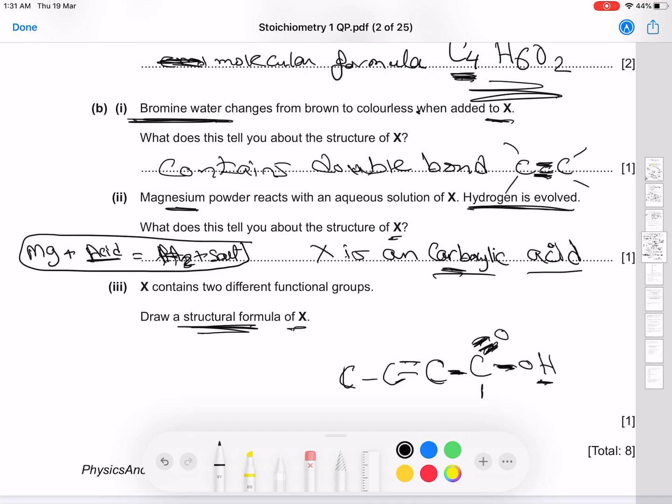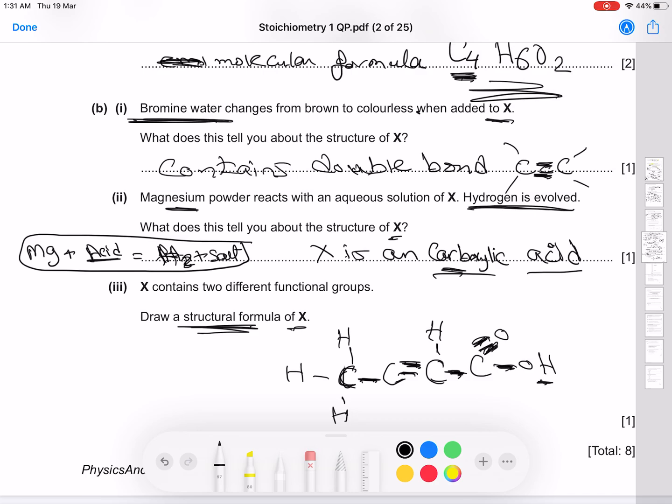Please guys, don't add a hydrogen over there because this is wrong. Here I have 1, 2, 3, so I'll add the hydrogen over there. And then this one has only 1. This carbon has only 1 bond, so I need to add 3 more over here. 1, 2, 3.